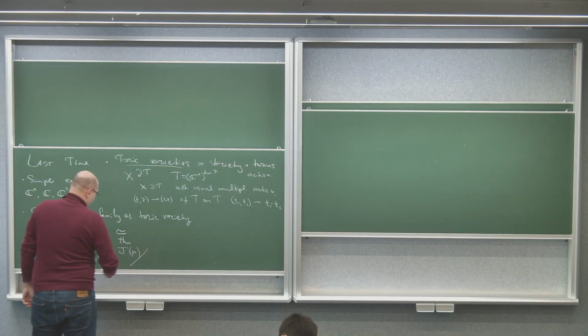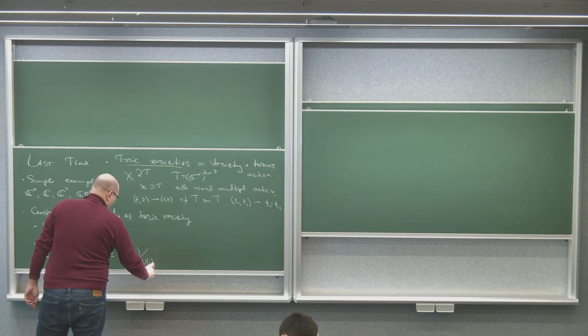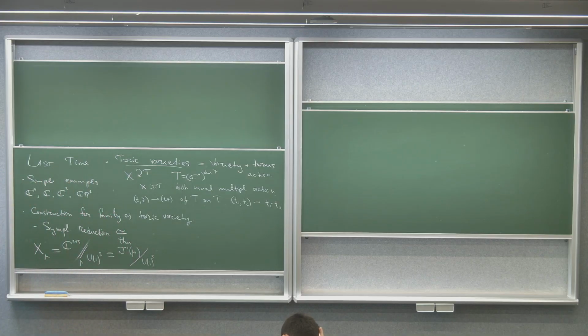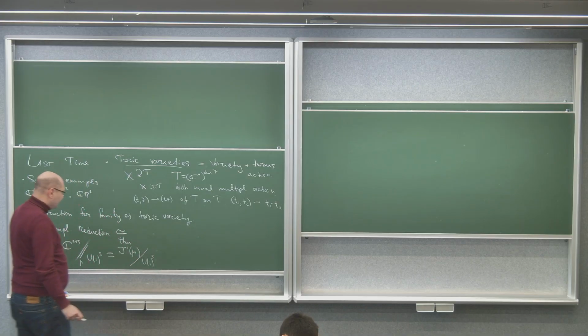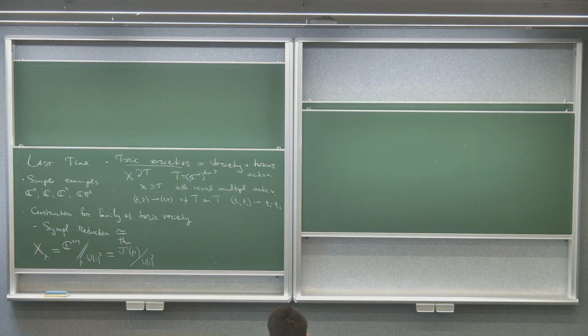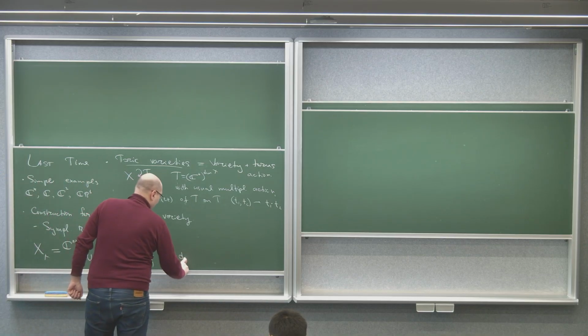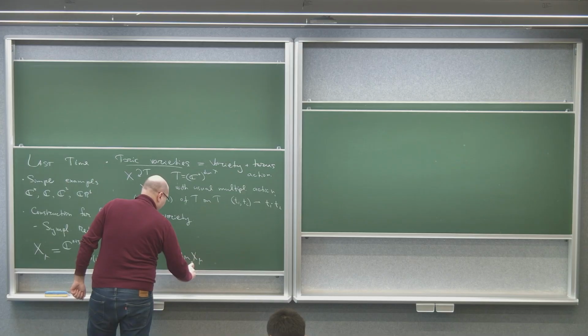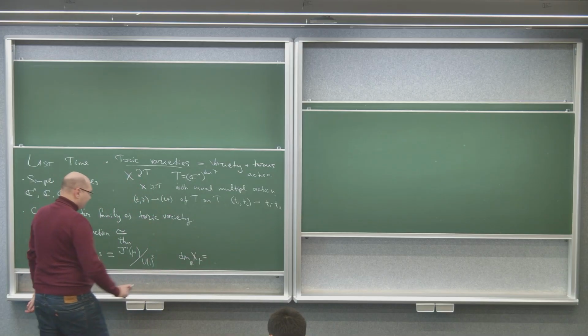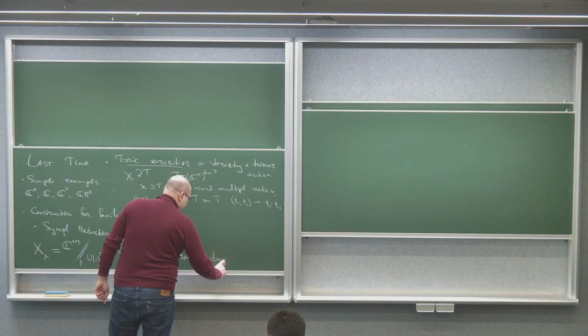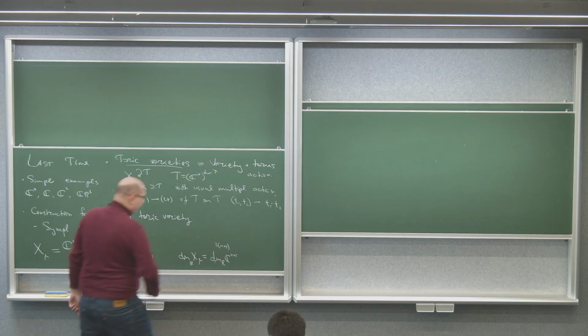Then we take an ordinary quotient by the U1 action. That naturally determines the dimension of this space X mu. What will the real dimension of X mu be? It will start from the real dimension of C to the n plus s, which is 2 times n plus s.